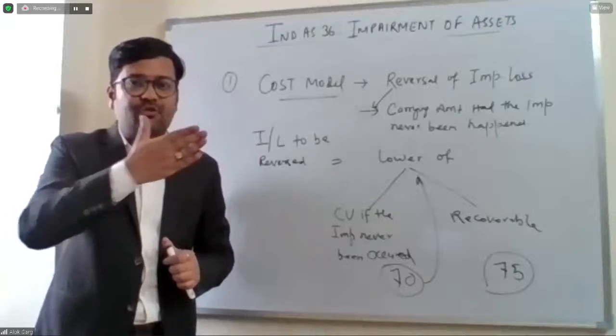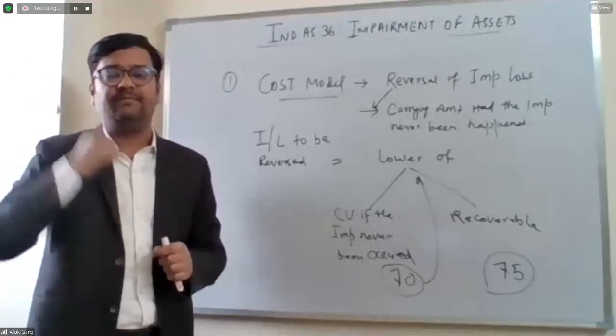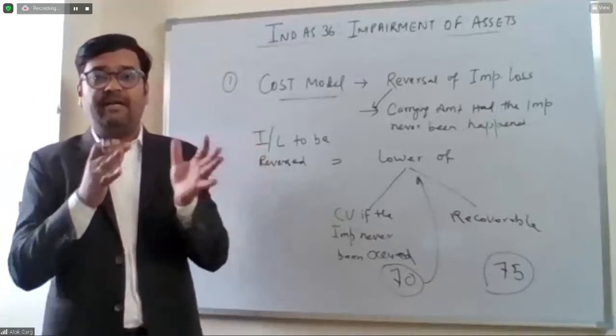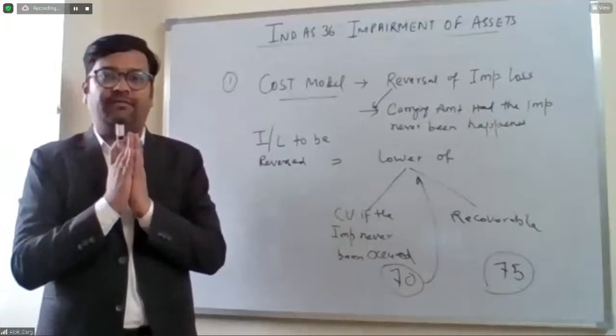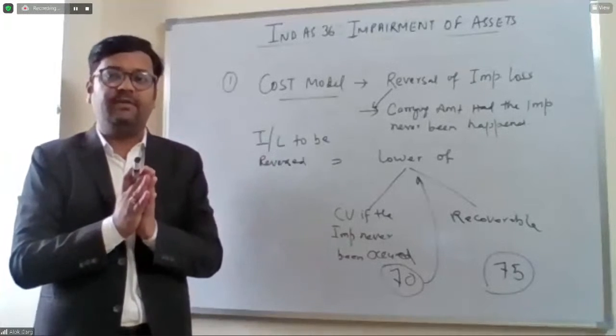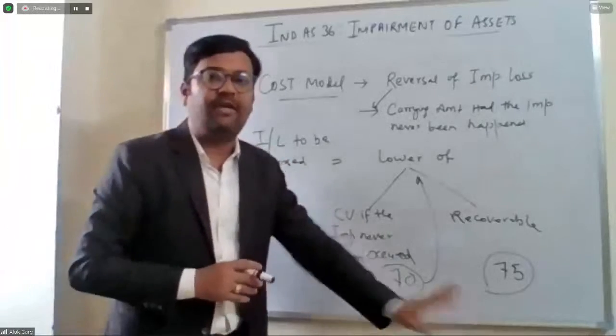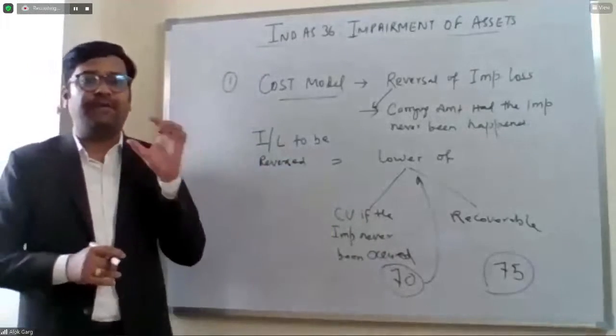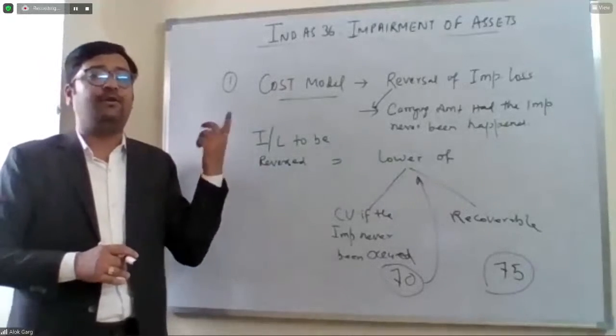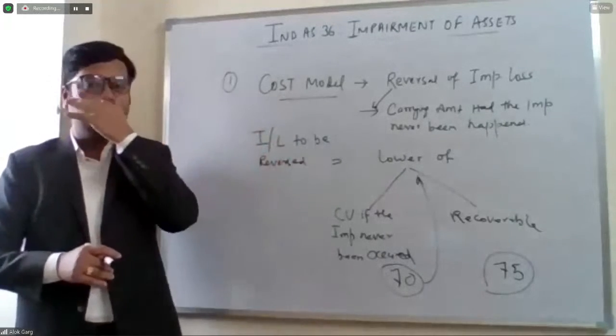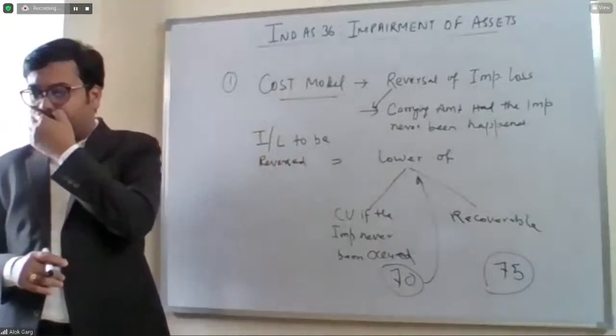This 70 needs to be depreciated in the next 2 years. So the existing carrying value on 31st March 14 was 55. We need to increase 55 to the extent of 70, not 75. So 15 rupees of impairment loss is required to be reversed in the P&L.